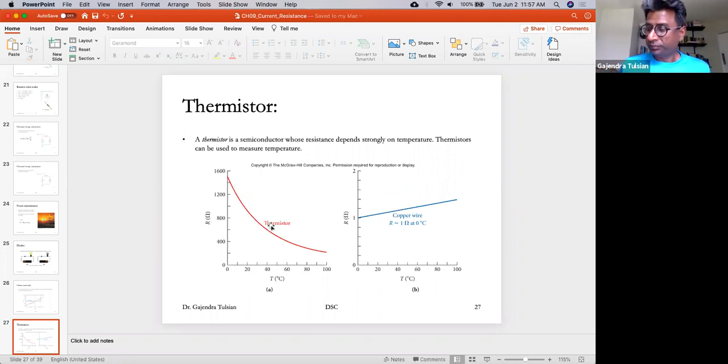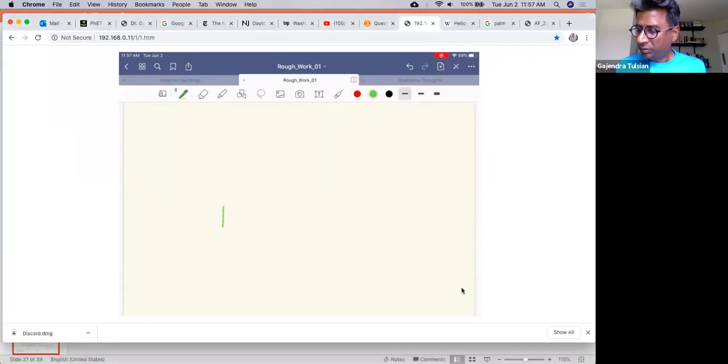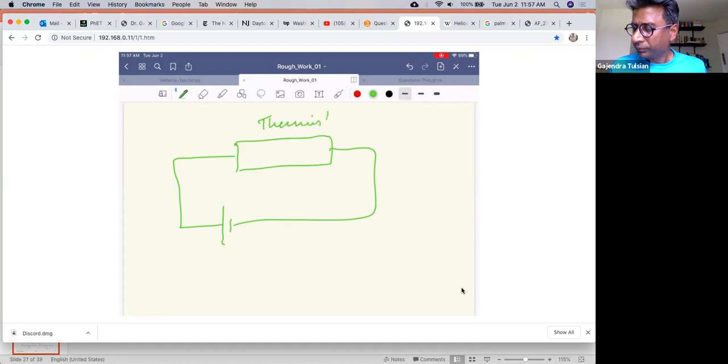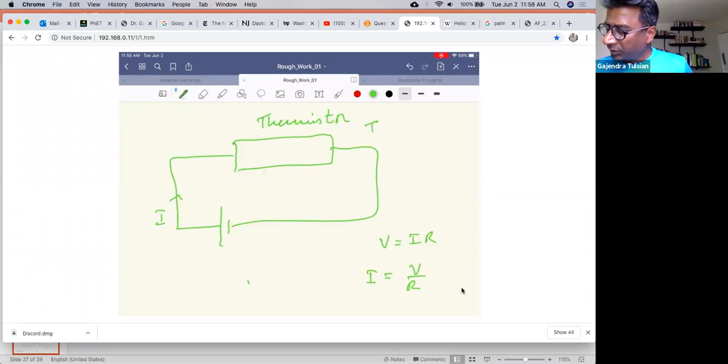So if you place a thermistor, here's the thermistor, the current in the circuit is given by V equals I times R, so current is V over R. Now you just saw in one of the diagrams that if the temperature of this thermistor rises, the resistance decreases.